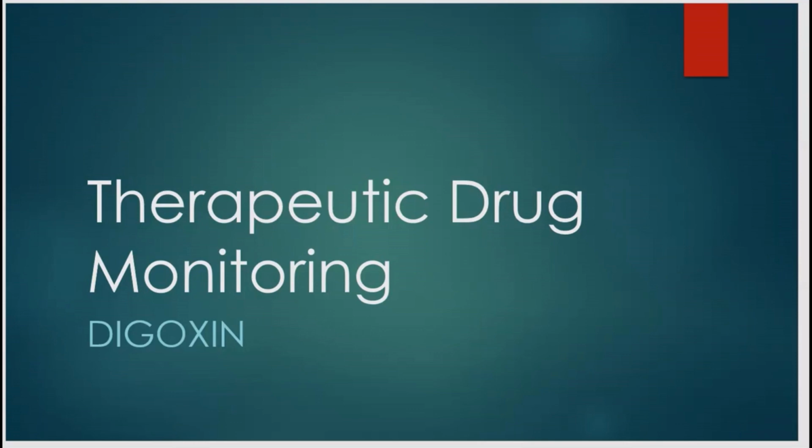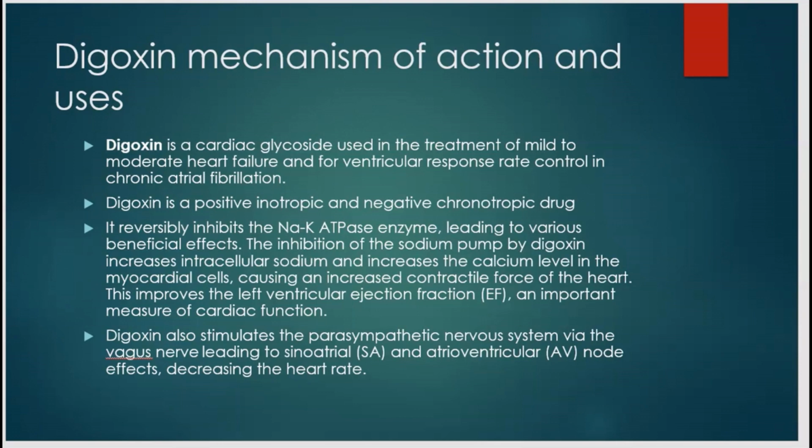Now let's get to our presentation for today about digoxin. As you all know, digoxin is a cardiac glycoside usually used to control atrial fibrillation or for patients with heart failure. Digoxin is a positive inotrope, and it also has some negative chronotropic effects. The mechanism of action, I'm not going to go through that.